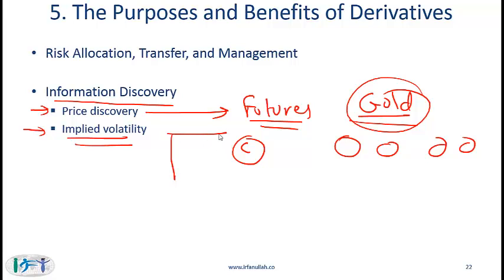If you think about a particular model, let's say the Black-Scholes-Merton model, the way we come up with the price of a call option is by feeding different inputs. So for a particular call option, we'll feed the underlying stock price, the exercise price, the volatility, the risk-free rate, and then this model will give us the value of the call option.